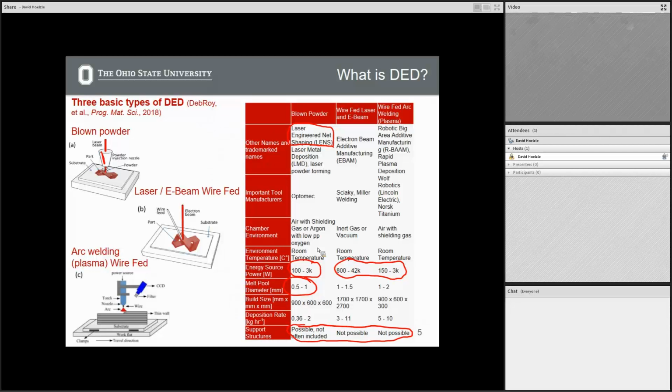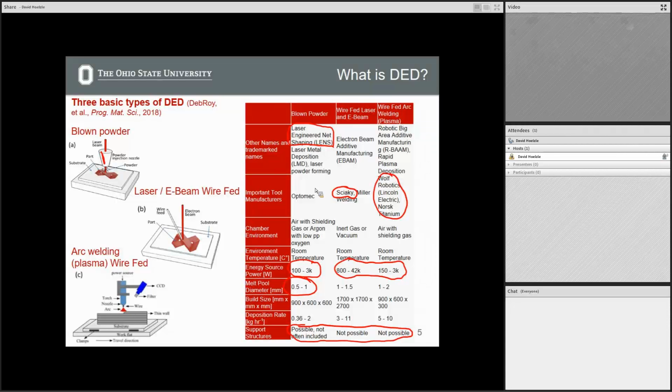Okay, so I kind of talked about this in tandem, but going back to wire-fed laser and e-beam, some names you'll see are Sciaky, I don't even know how to pronounce that. Sciaky is a big player in electron beam additive manufacturing. And then there's wire-fed arc welding. Basically, any company that does arc welding or used to make arc welders, which is a very mature, very established industry, is now putting them on robots and turning them into additive manufacturing.